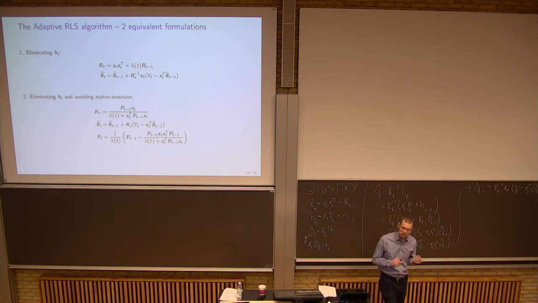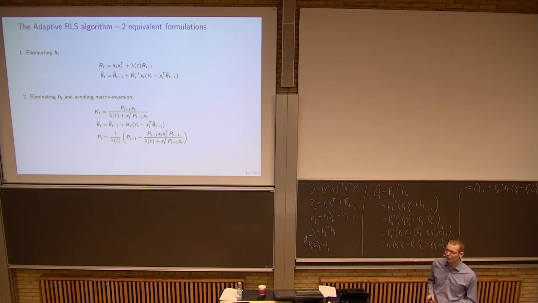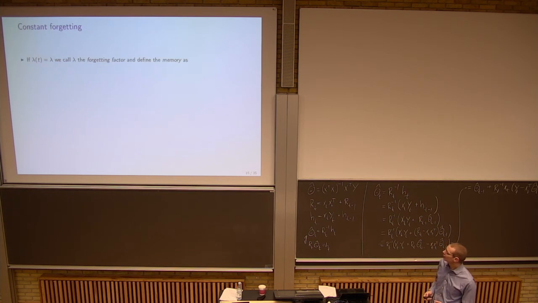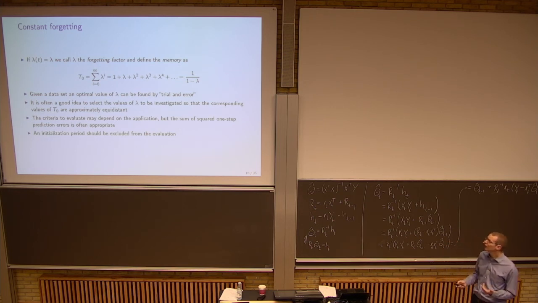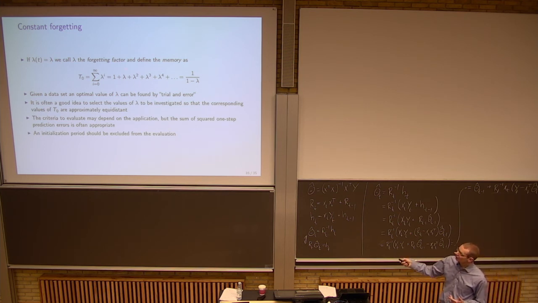And you can make this even more complicated if you like to, but I'll get back to that. So what we'll deal with is mostly the constant forgetting factor, and as we saw for the trend models, how you can deal with this is basically to consider what is the effective memory. 1 divided by 1 minus lambda is, you can say, the sum of the weights that you used.